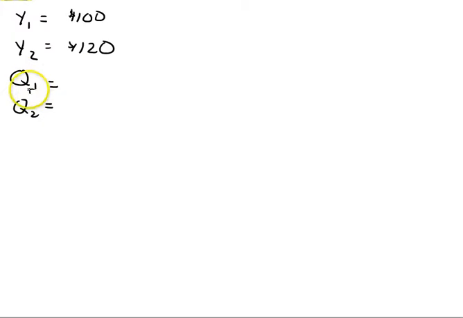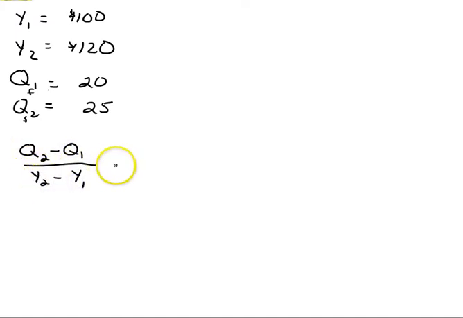And let's just say we're doing food, and they purchase, I don't know, let's say 20 units of food at an income of $100 and 25 at an income of 120. Let's go back to our equation. And let's do point elasticity at the original incomes and quantities.